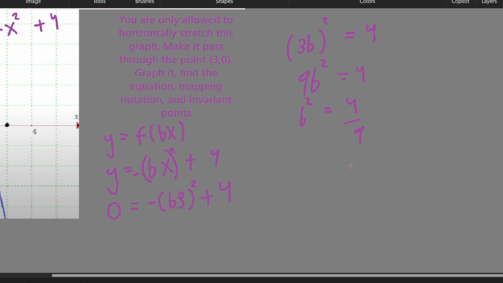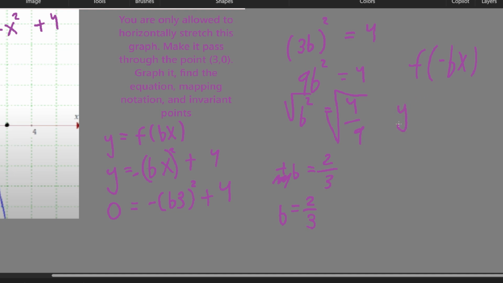And then after you have b squared is equal to 4 over 9, you square root both sides, and you'll have plus or minus b is equal to 2 over 3. And yeah, we don't consider the negative result for b because that would reflect it, and as the question states, no other transformations can be used, just horizontal transformations. So b is equal to 2 over 3.